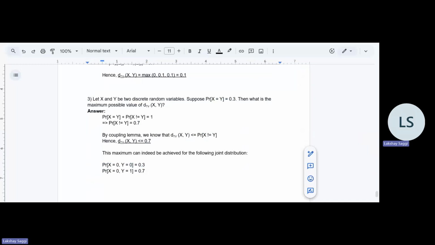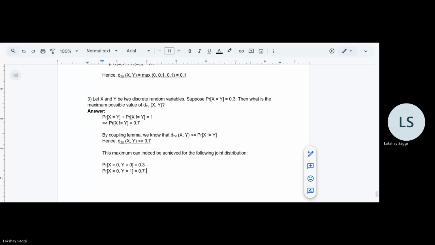Now, to find the total variation distance, what do we need to find?